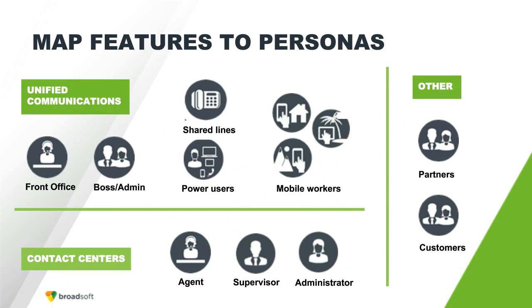As we sit down and we theorize about the best ways to migrate enterprises to the cloud, we think about and we talk about a bunch of different strategies, right? One strategy that comes up all the time is the concept of mapping features to personas.